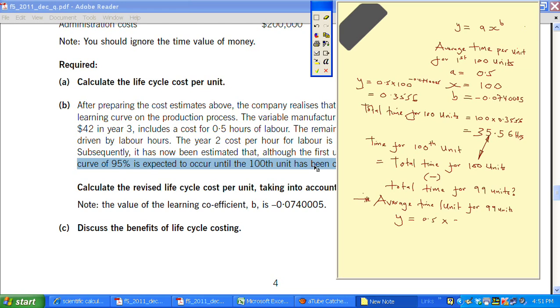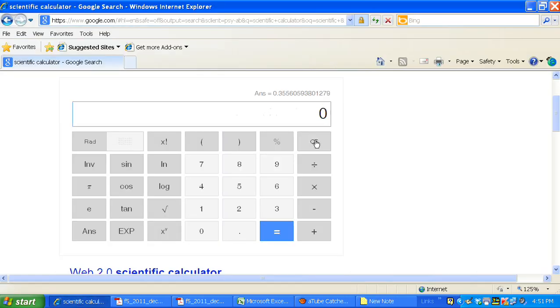By this time our x is 99, but still raised to negative 0.074. You have to use a scientific calculator. If you don't have one, make sure you acquire one before the exam.